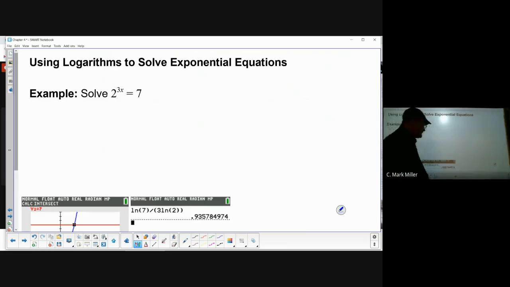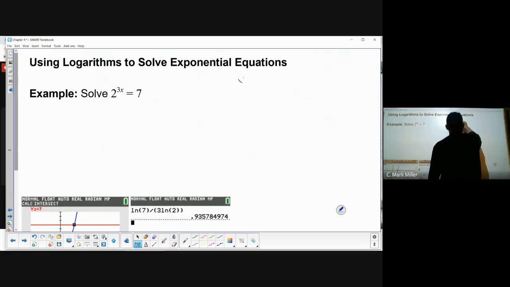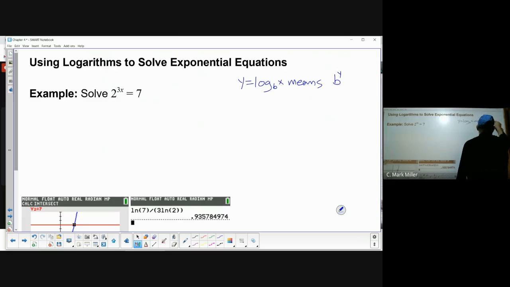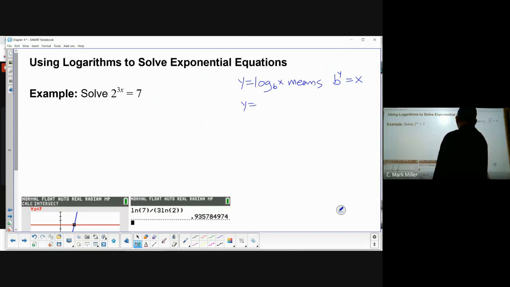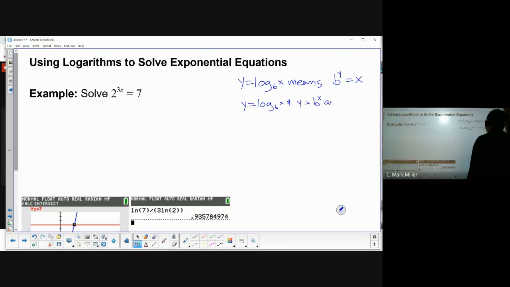We've got this formula here: y equals log base b of x means b to the y is x. We also know that y equals log base b of x and y equals b to the x are inverses.